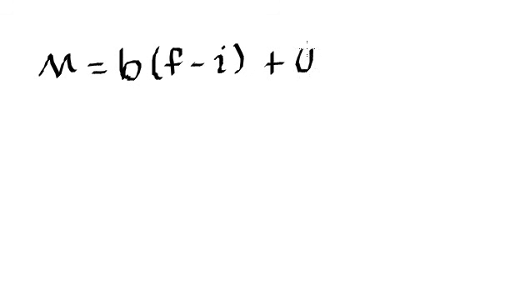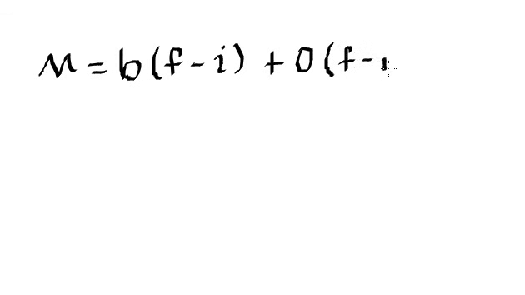Alright, let's do this. M is equal to B times F minus I, plus O. That looks like a 0, but it's an O. Don't let it confuse you.